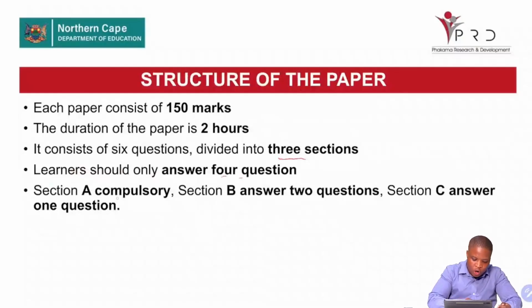Section A is compulsory. And then you have section B, you answer only 2 questions. So section B, it will be question 2, 3, 4. You only answering 2. And in section C, you answer 1 question out of the 2 questions. Between question 5 and 6, you answer 1 question. So for your 150 marks, you must answer 4 questions.